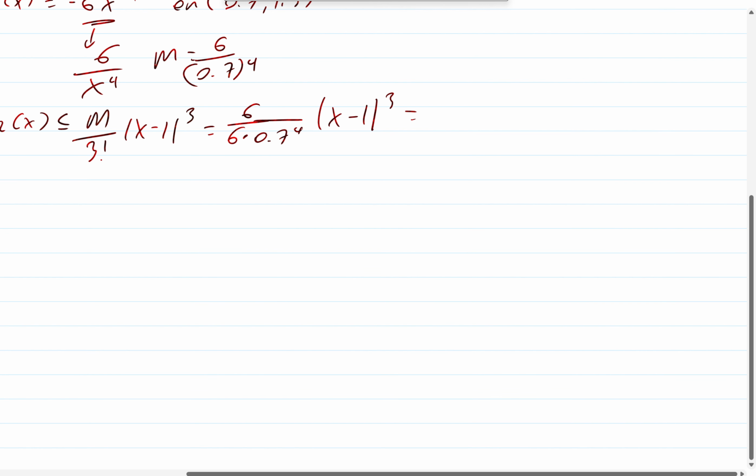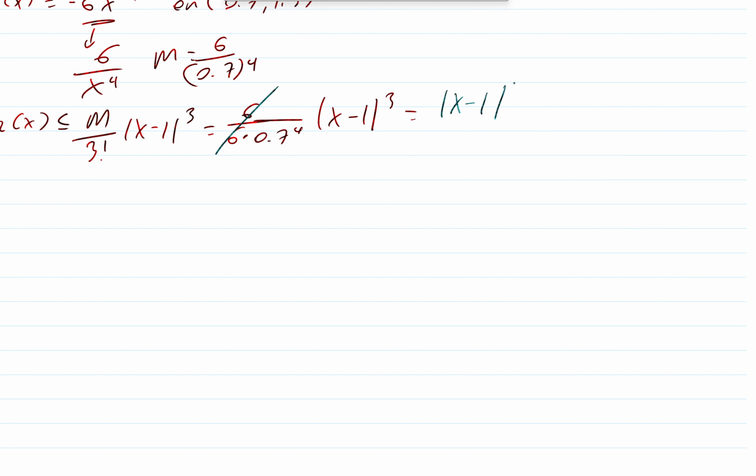This is important, guys, write this down. Let's plug it in: 6 times 0.7 to the power of 4, times the absolute value of x minus 1 to the power of 3. The 6 is crossed out, so we get the absolute value of x minus 1 to the power of 3 over 0.7 to the power of 4.